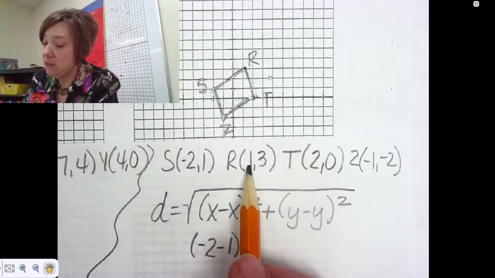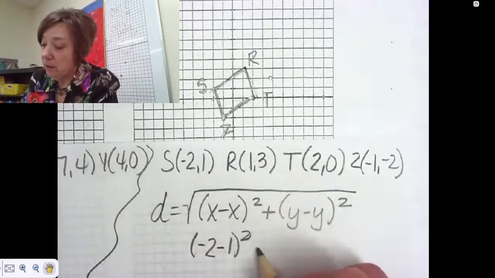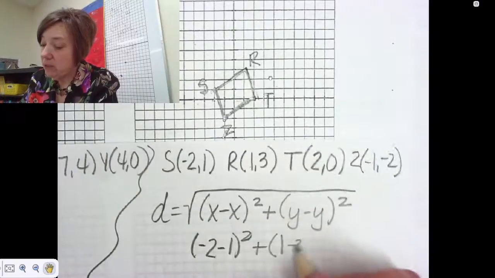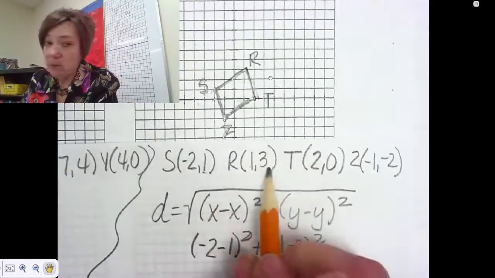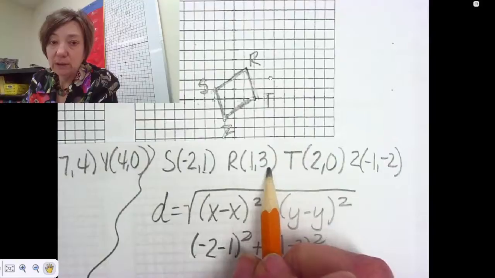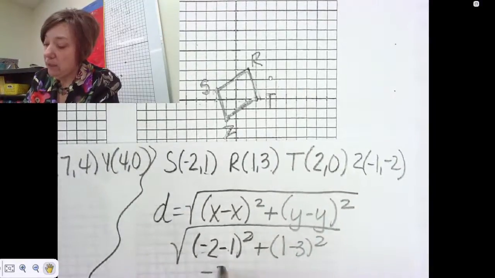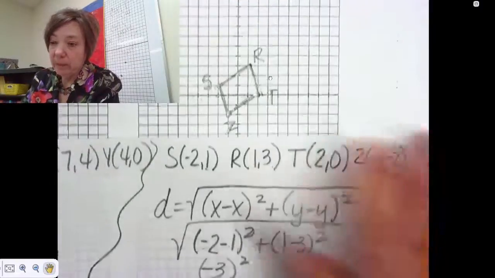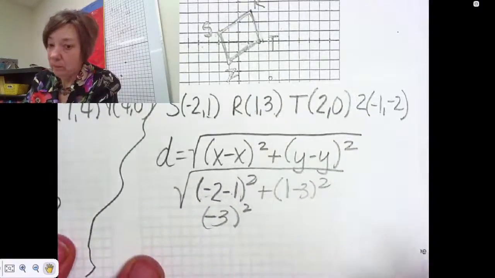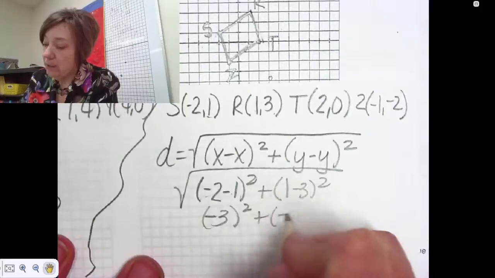That's this x and this x, right? And then 1 minus 3 squared. That's this y and this y, right? So -2 minus 1 is -3. 1 minus 3 is -2.